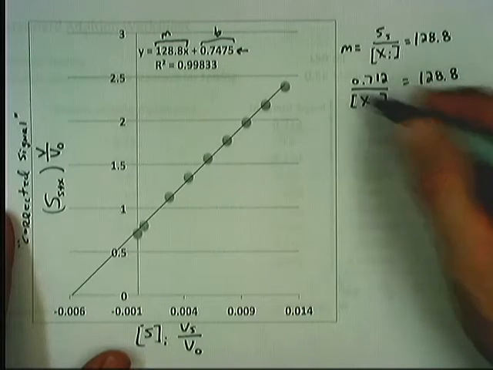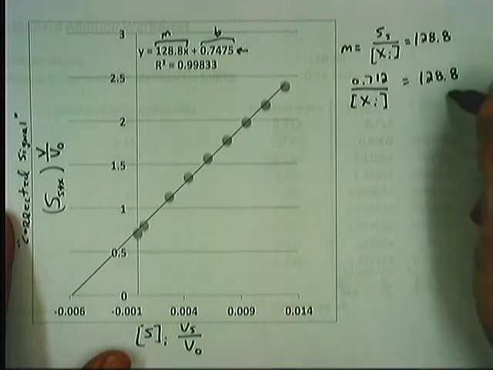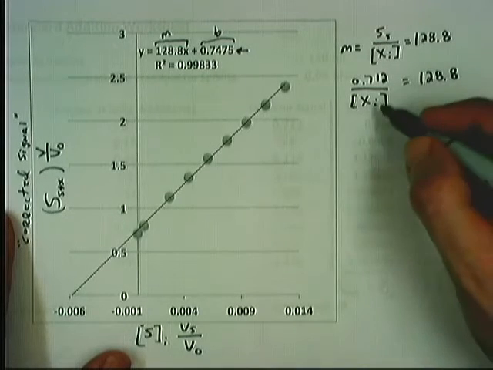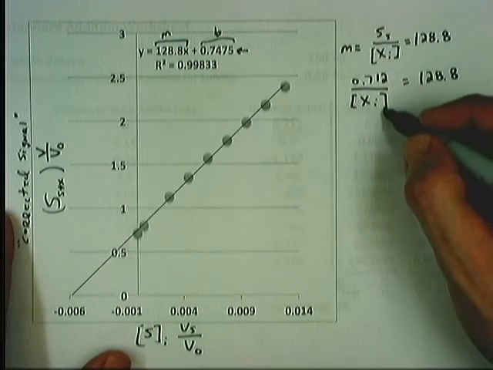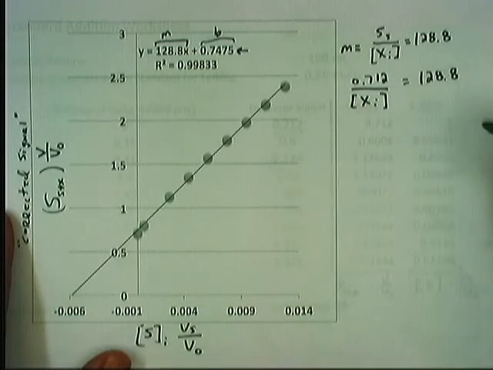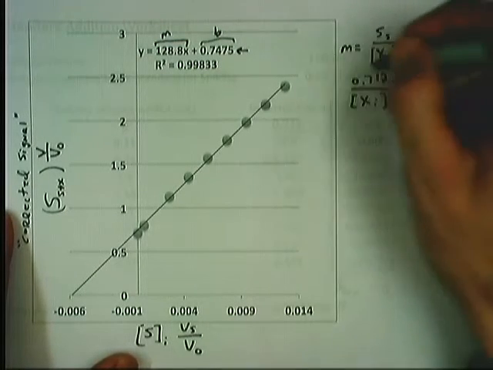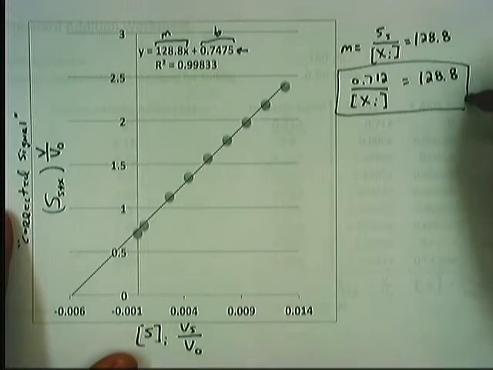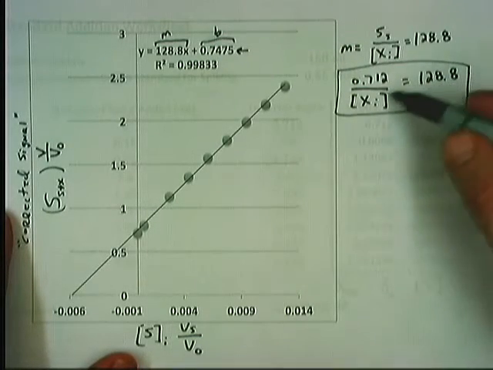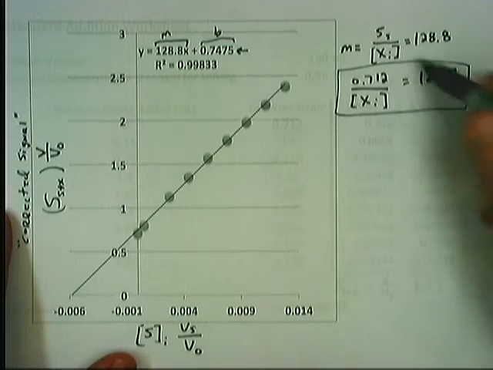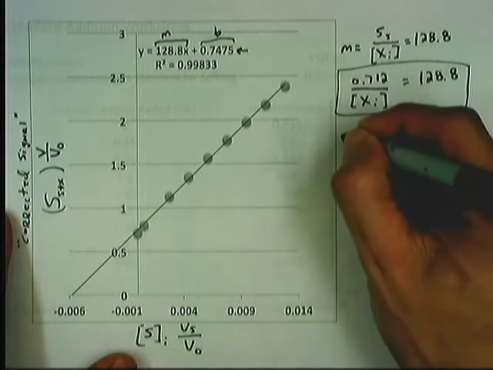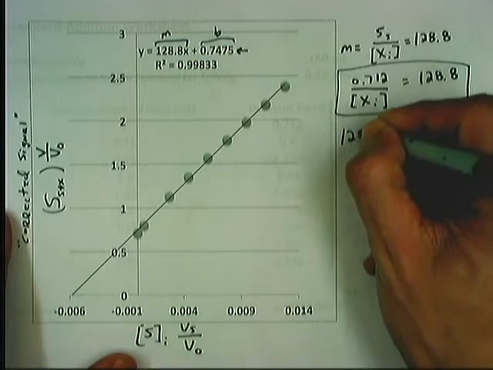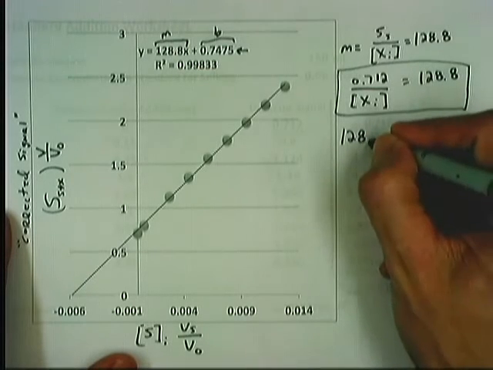And if I divide that by X sub I, I need to get this 128.8, my m, my slope. Now what is this X sub I? Well, that's my concentration in the original sample. That's what I need to know. And we're pretty happy now, if we're familiar with algebra, right? Because we got one equation with one unknown, we can rearrange and solve that. And of course, the way we do that is multiply both sides by the X sub I term.